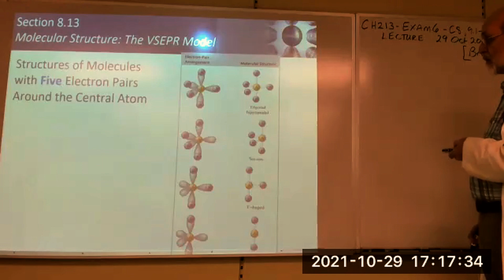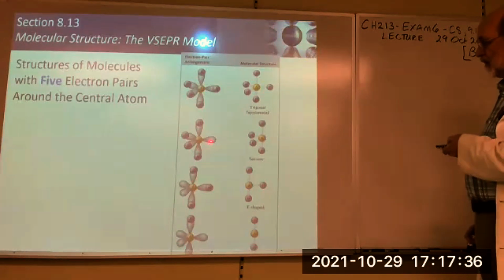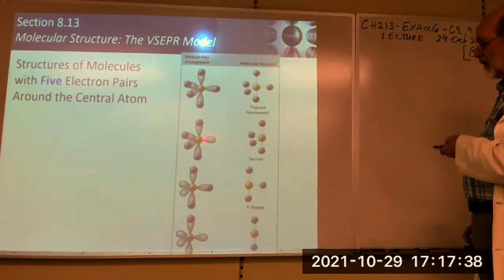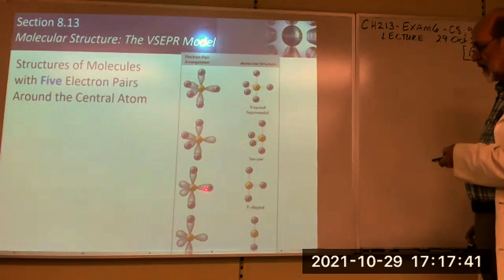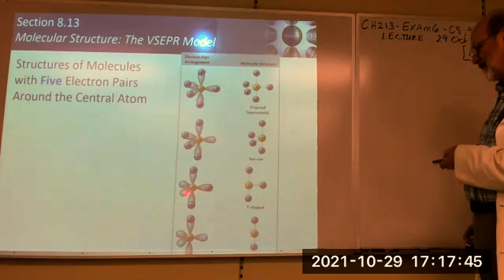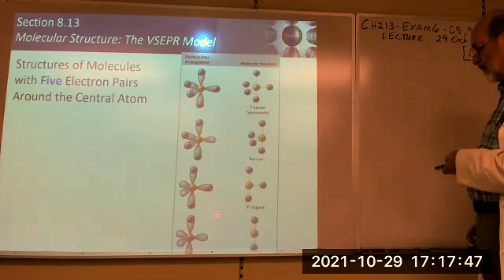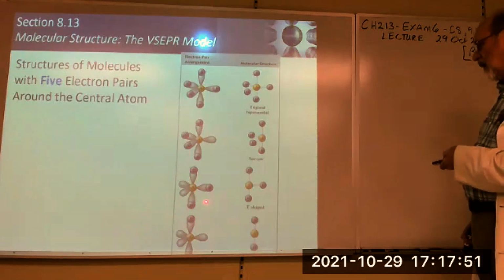Okay, so here's a trigonal bipyramid. And if you only have 1 lone pair, it gives you that seesaw. If you have 2 lone pairs, T-shaped, and it could be T-shaped or it could be linear, I think. Oh, no, that's right.